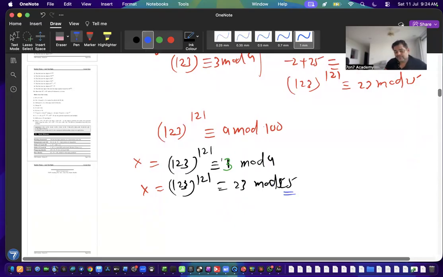Now always take the higher value one here. Since this is a multiple of 25, x is going to be 25s plus 23.